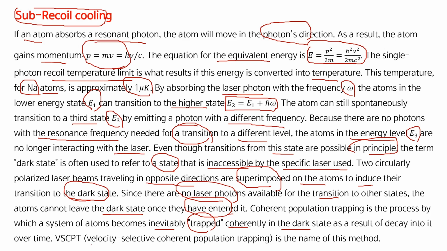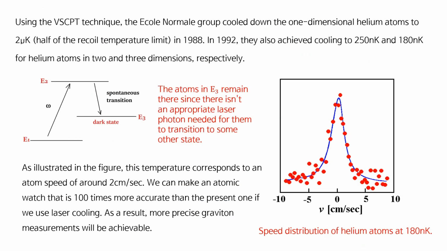VSCPT, velocity selective coherent population trapping, is the name of this method. Using the VSCPT technique, the group cooled one-dimensional helium atoms to 2 microkelvin. That is half of the record temperature limit in 1988.